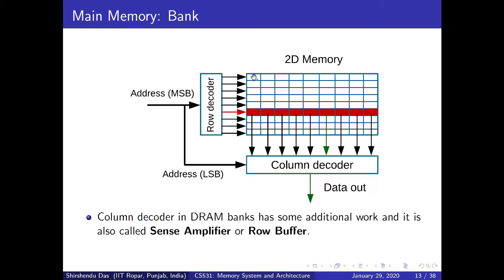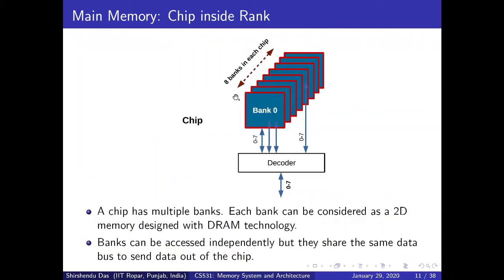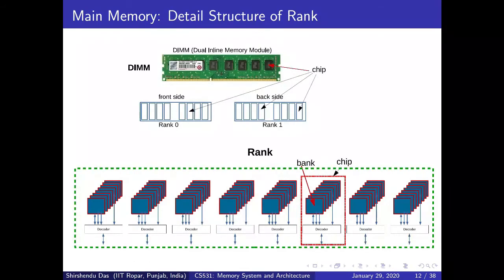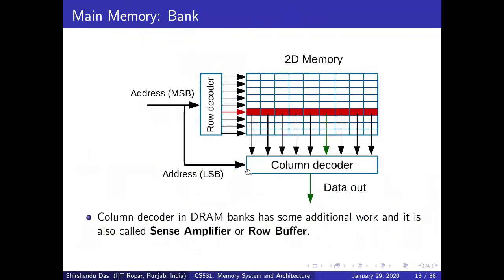For example, in this design, we have to say that each column is storing 1 byte of information, or you can say 8 bits of information. That means each entry for this particular column is storing 8 bits of information.